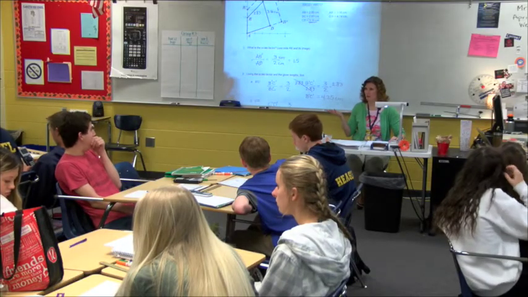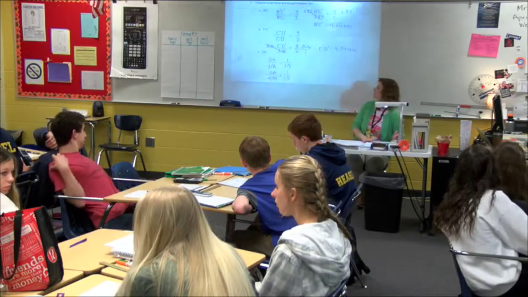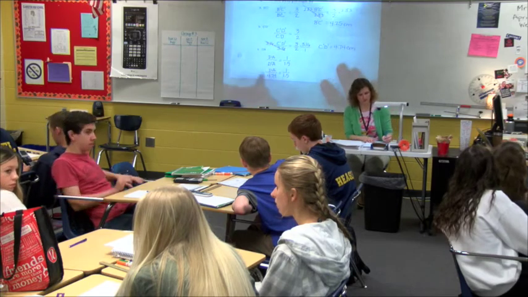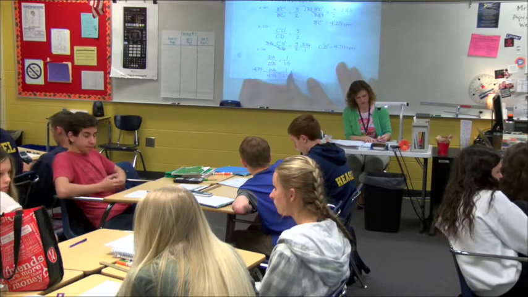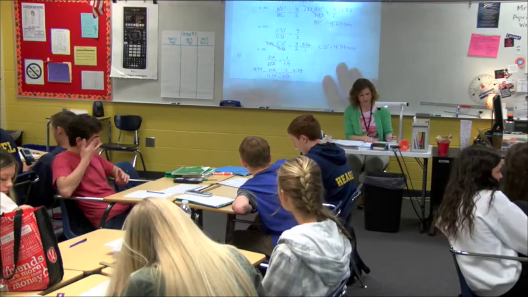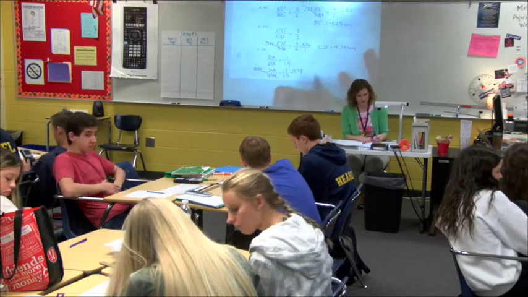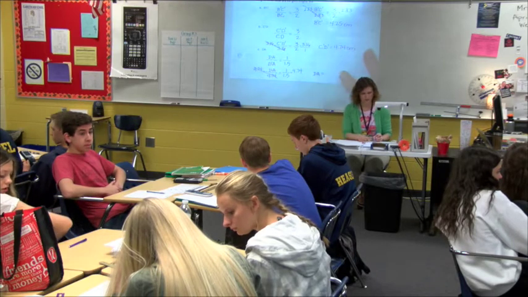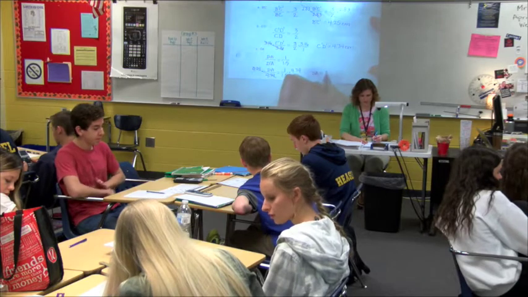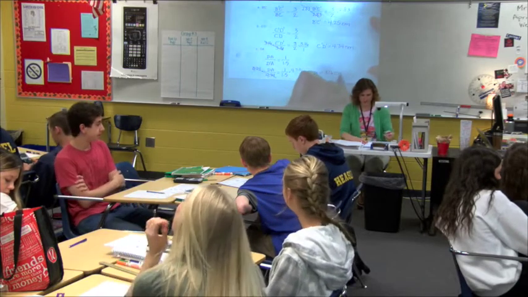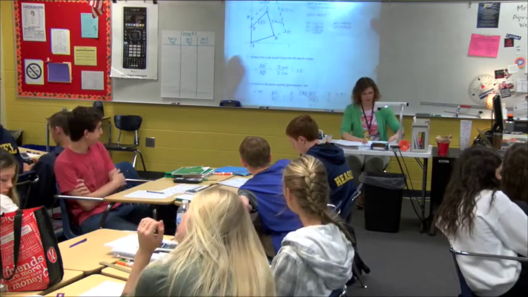Same number, right? Okay. And then you multiply both sides by 4.74. All right, so times 4.74 on both sides. And you end up with DA equals 3.16 centimeters.